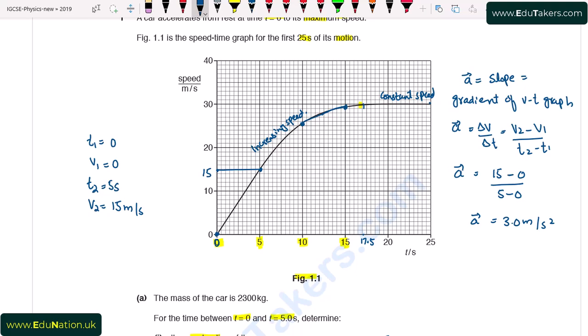So first of all, the speed of the car increases. Second thing is that its gradient decreases, because the gradient from 0 to 10 seconds is larger as compared to the gradient from 10 to 15 seconds. So the second point is that the gradient decreases.